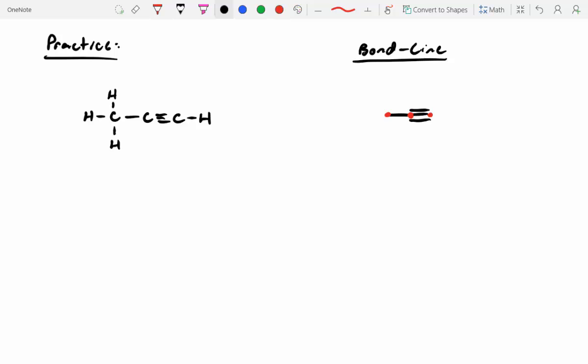All right, let's do another one. This time I'll give you guys the condensed structure. We'll do H, C, C, C, C, H. Looks kind of funny written out that way.